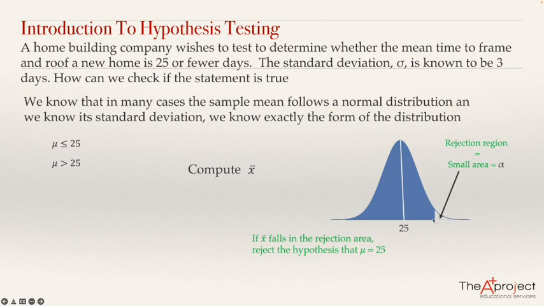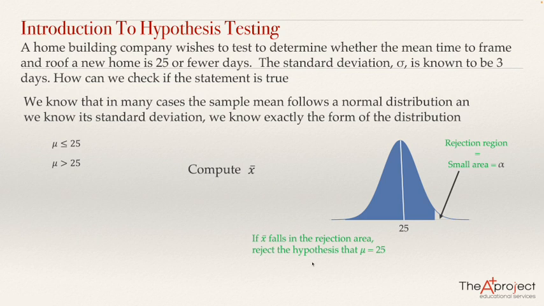So we are going to choose this rejection area to the right of this 25. And this will be a good rejection region because we have assumed 25 as a true value, and if this were true, the probability that x bar falls here will be very small because we have also chosen this alpha as a small number.